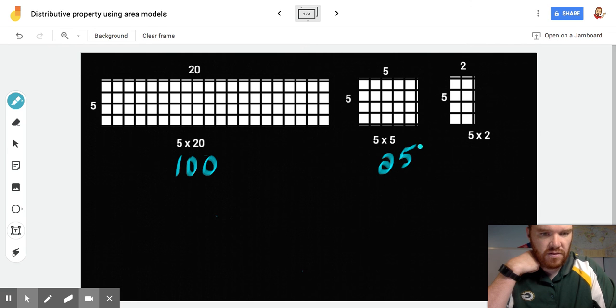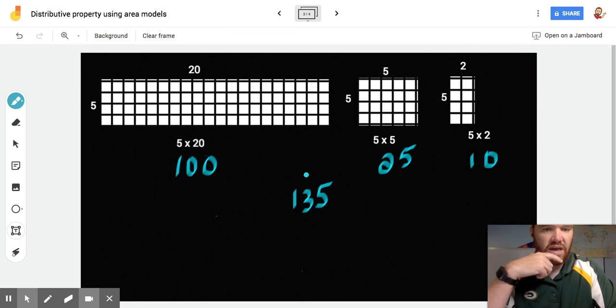And 5 times 2 is 10. And if I added 100 plus 25 plus 10, I get my 135 again. So it doesn't really matter how we break it up. We're always going to end up with our same area. Remember, the 5 is just the constant.